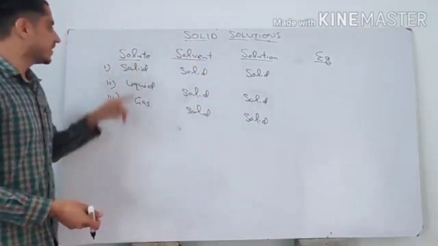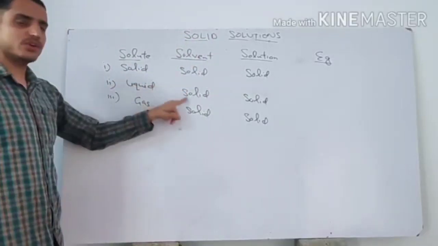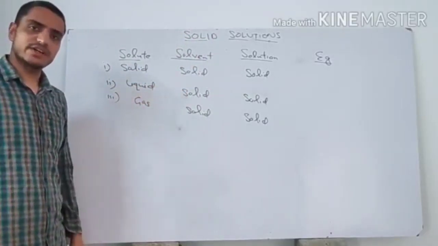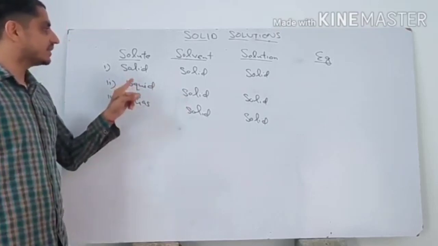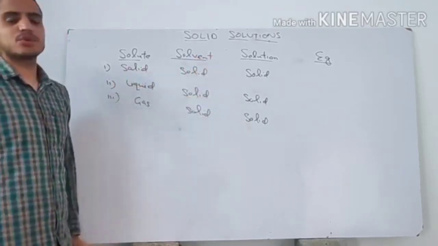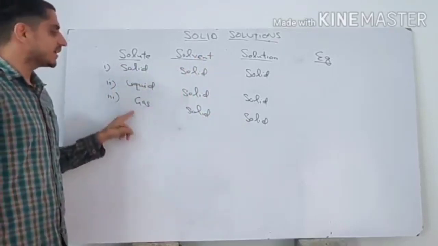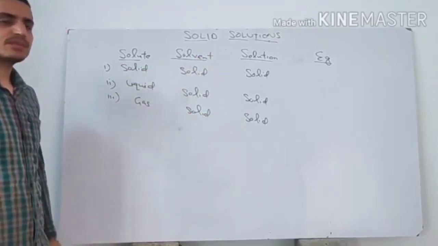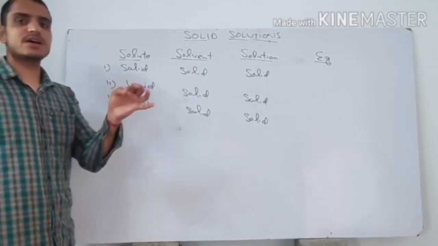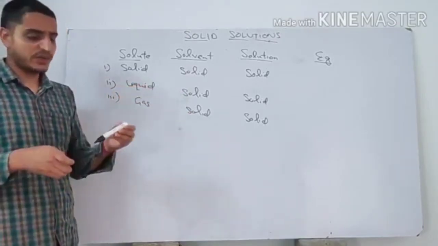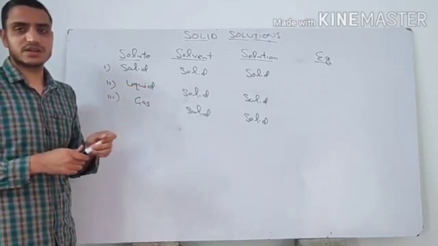So here you have come to know these are solid solutions. These can be of three types: solid in solid, liquid in solid, or gas in solid. Clear? Now I will give you example of these three types of solid solutions. That is solid in solid solution, liquid in solid solution, and gas in solid solution. So solid in solid, the best example are alloys. You have heard of alloys. For example, brass.